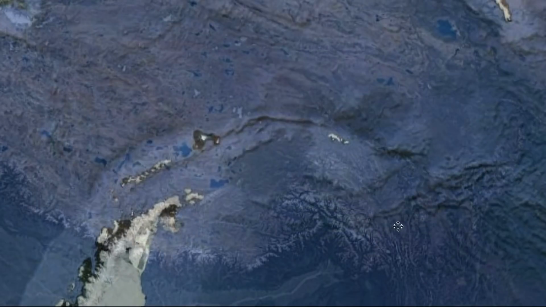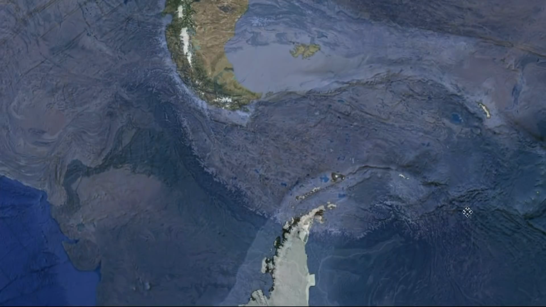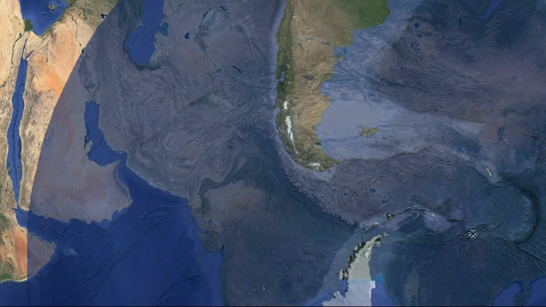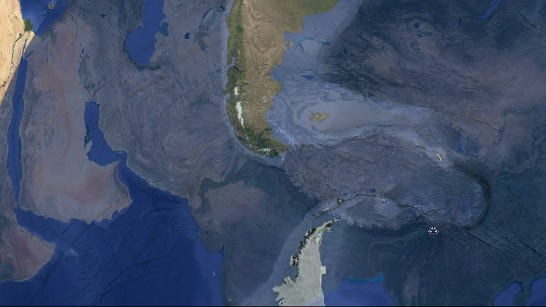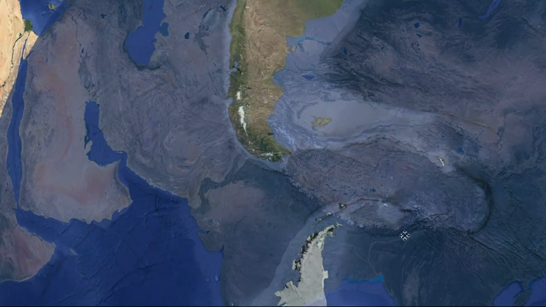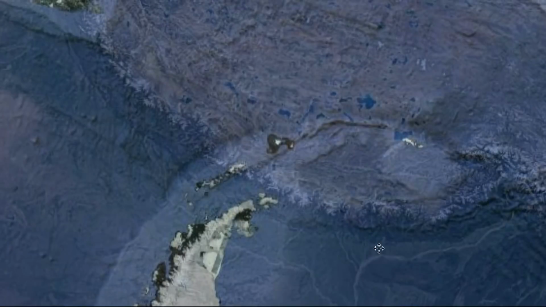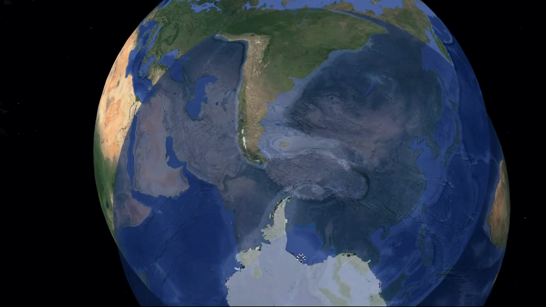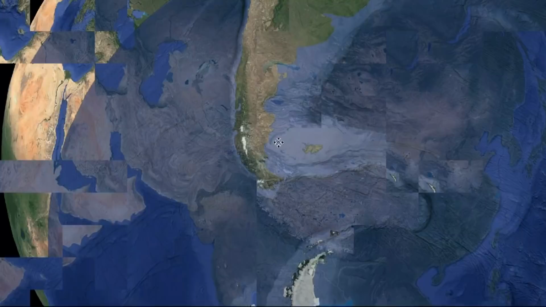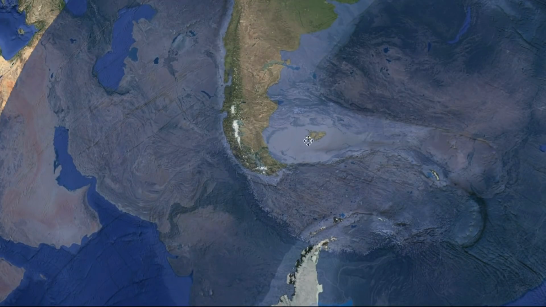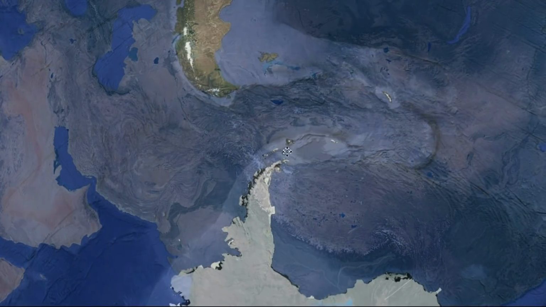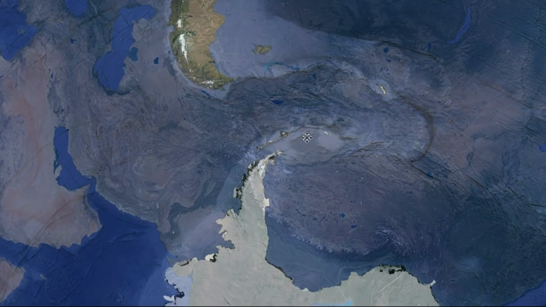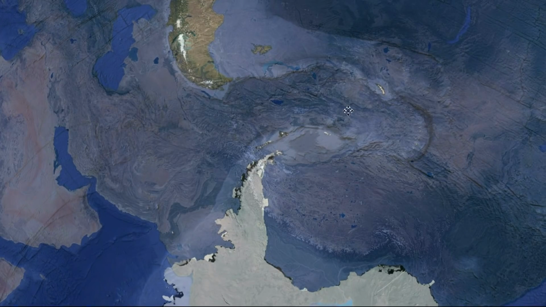You can see that this is matching up with this. And even here with the Himalaya mountains. So this fits in here, and then this spins around and goes into here, and this also spins around and fits the other way, which I'll explain real shortly.